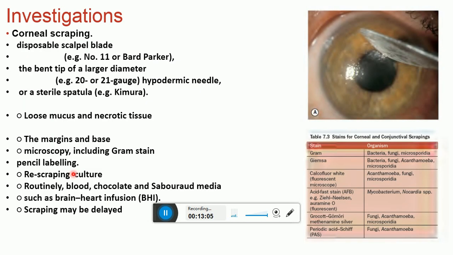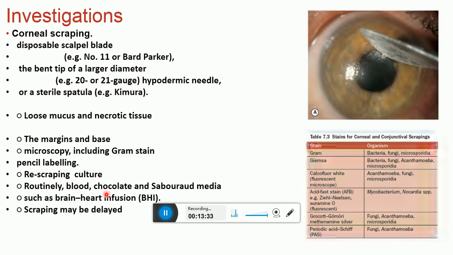So routinely blood, chocolate and Sabouraud media are used initially, and the samples are placed in an incubator until transported to the laboratory. Refrigerated media should be gently warmed to room temperature prior to sample application.